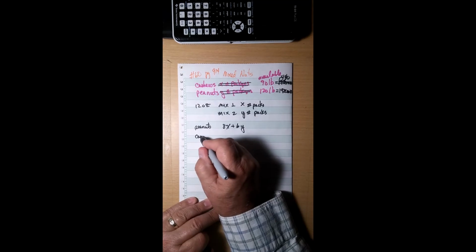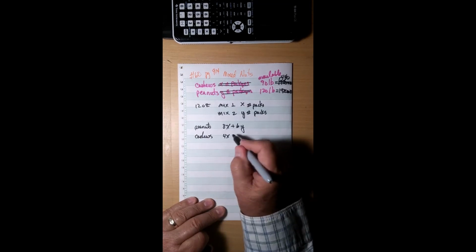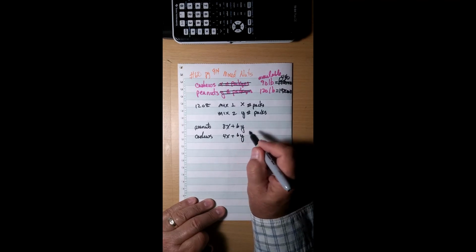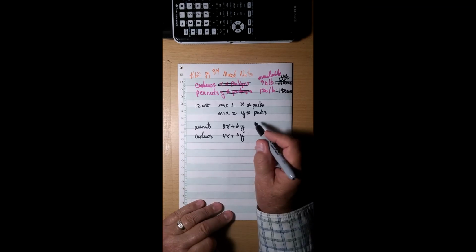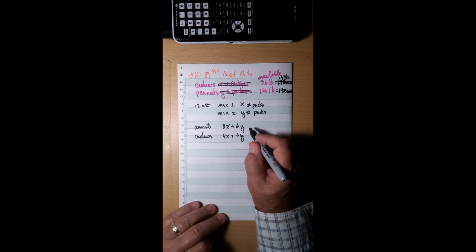For the cashews, it takes 4 ounces of cashews for Mix 1 and 6 ounces of cashews for Mix 2, per package. X and Y are the number of packs.